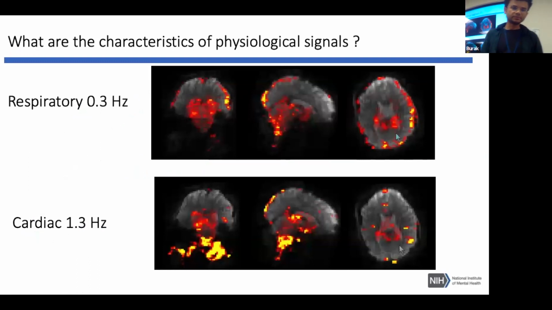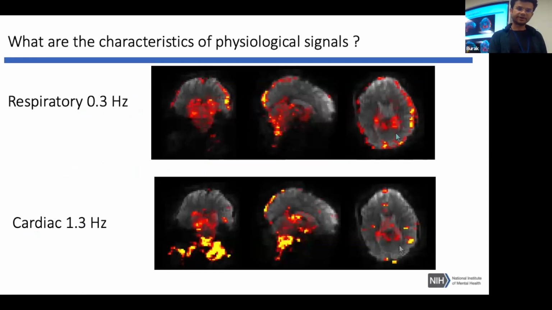If you look at this frequency spectrum, which brain regions are affected was partially shown in the previous video, and this is an average image of it.